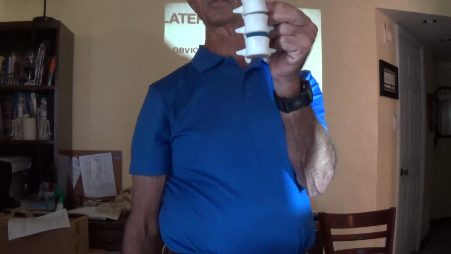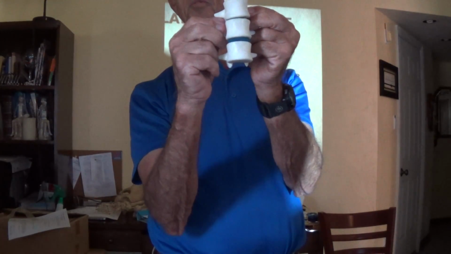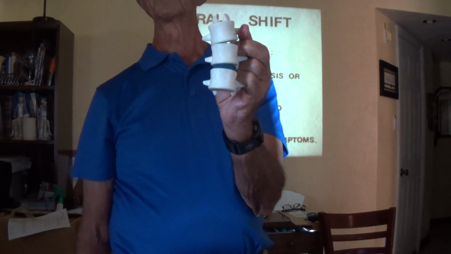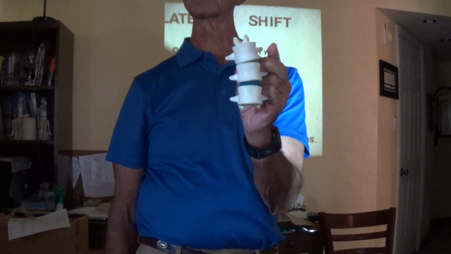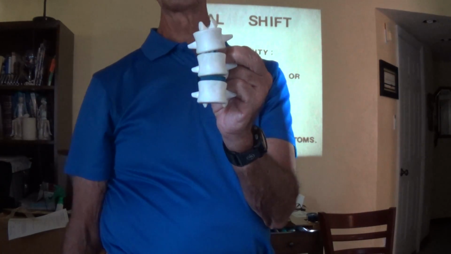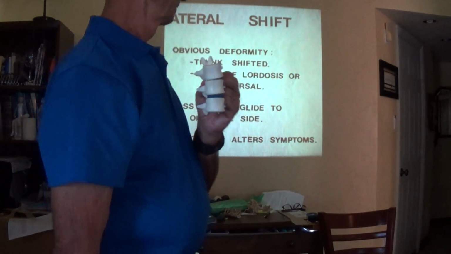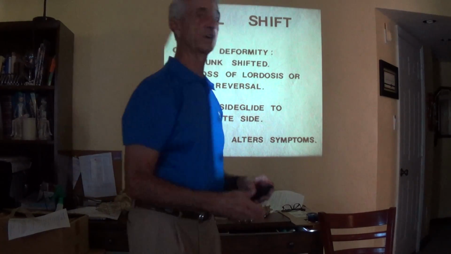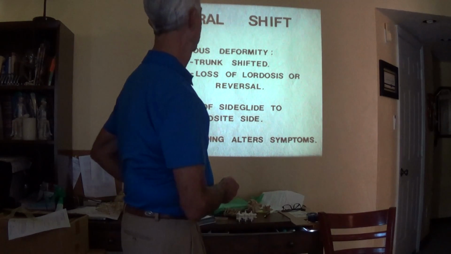That means this material is already herniated out of there. There's not much tissue in here to hold the bodies of the vertebra apart, and you get a shift to the same side. That generally means that the cat's out of the bag and you're not going to be able to do a whole lot with them. But you try. And always using the peripheralization pain phenomenon, you're fairly safe in what you do.